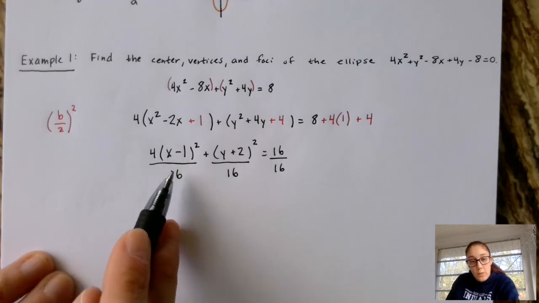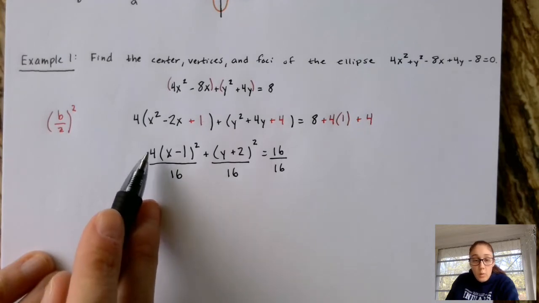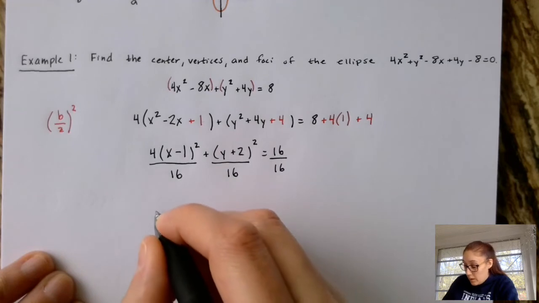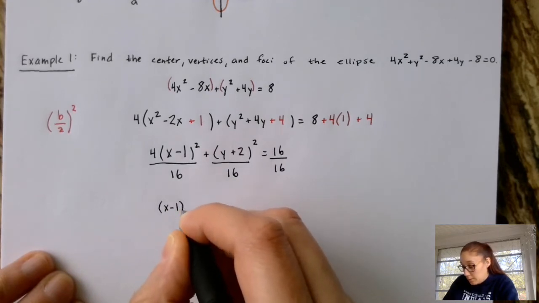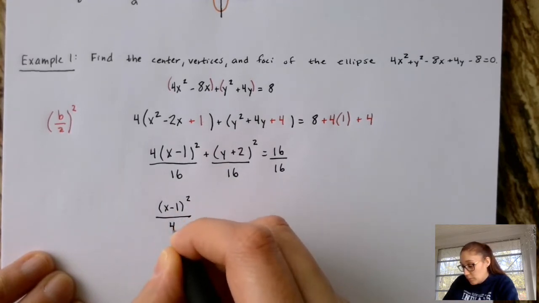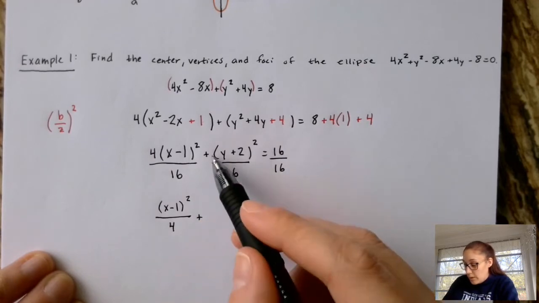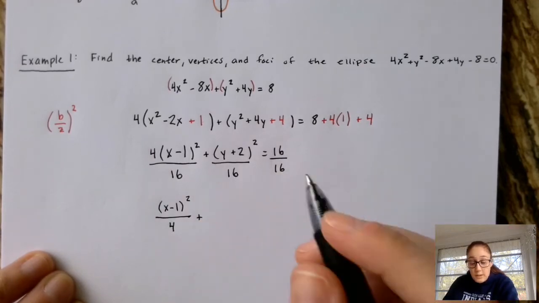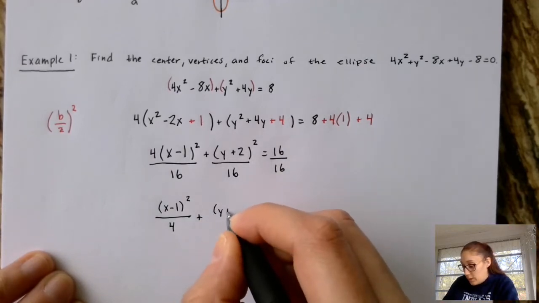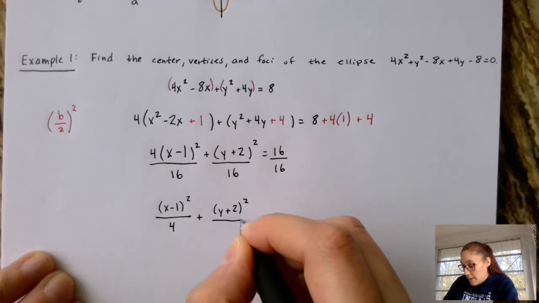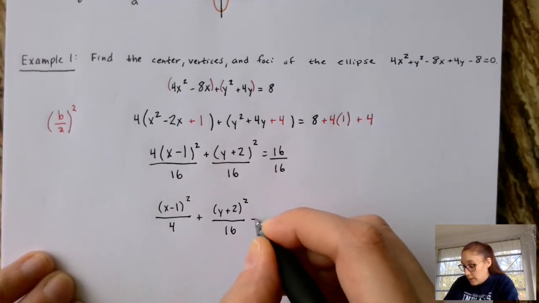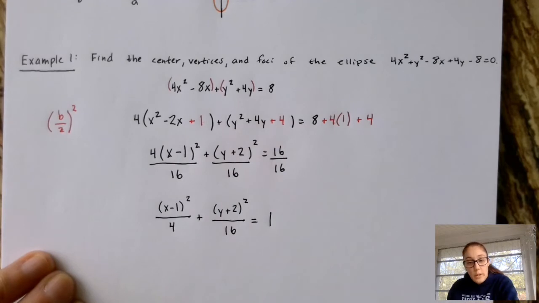So 4 over 16 becomes 1 over 4. So I don't need to write the 1. This coefficient is technically a 1 over 16, nothing to simplify there, so I just have y plus 2 squared over 16 equals 1.